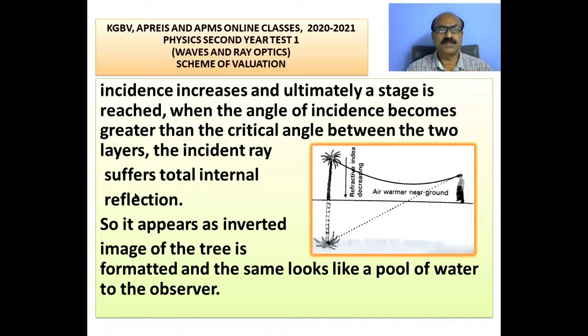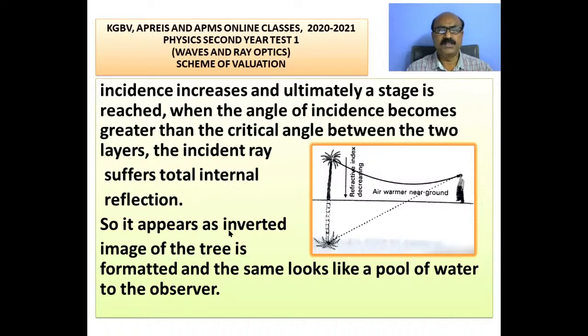The incident ray suffers total internal reflection. So when the incident ray, traveling from denser medium to rarer medium, reaches an angle of incidence more than its critical angle, it suffers total internal reflection. So it goes back into the same medium.